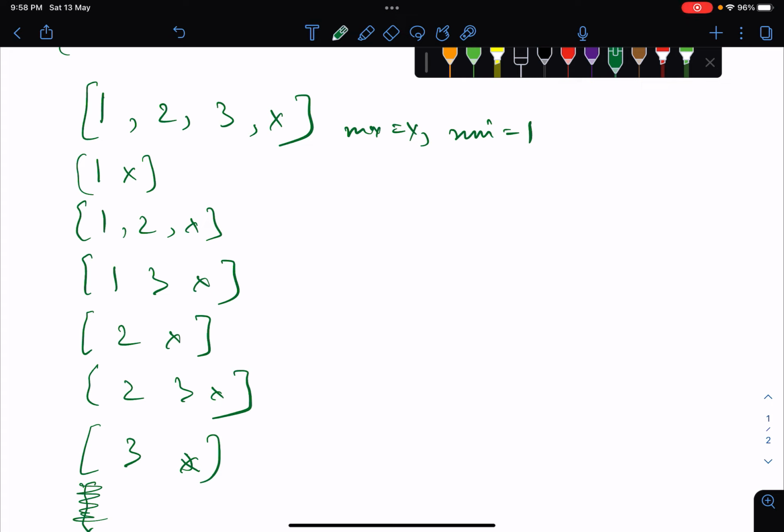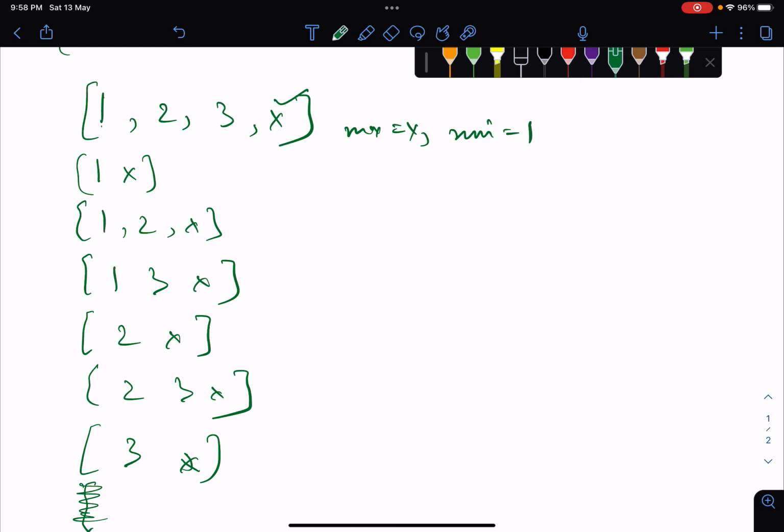So I've taken 1, 1 2, 1 3, then 2 3, and 2 as well and 3 as well. These are the possible subsequences: you always have to take x, and you have to take either of the elements.